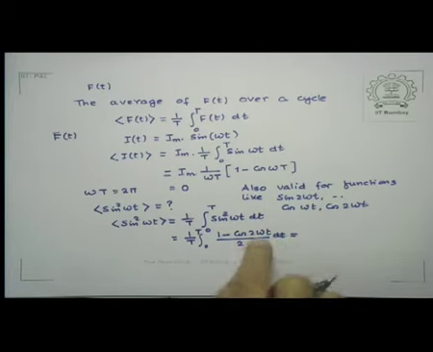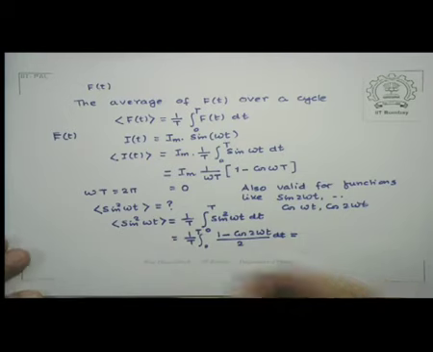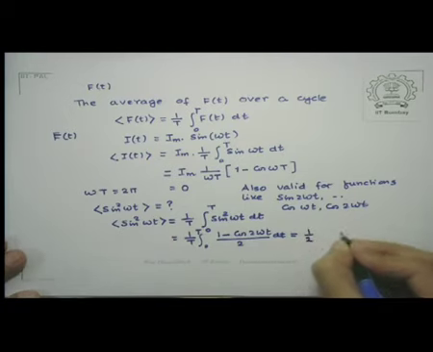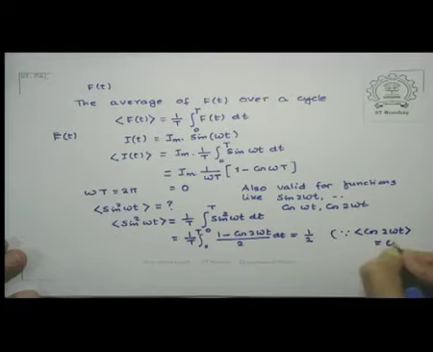So therefore, the only thing that I am left with is this factor half dt, which gives me T. So therefore, this gives me 1 over 2, and that is because the average of cosine of 2 omega t is equal to 0. We will be using this as we go along.